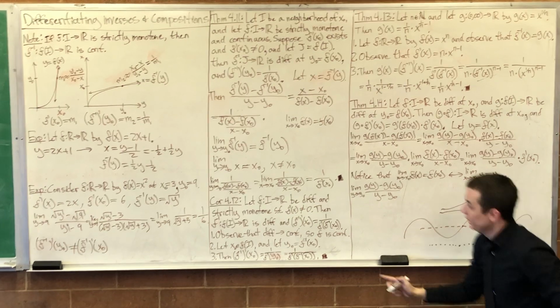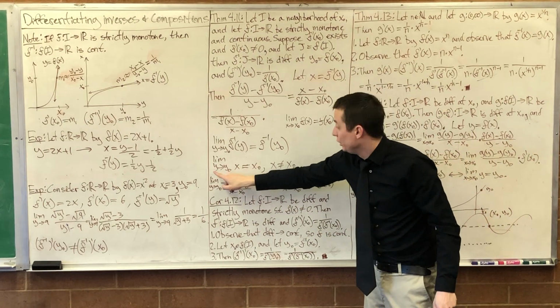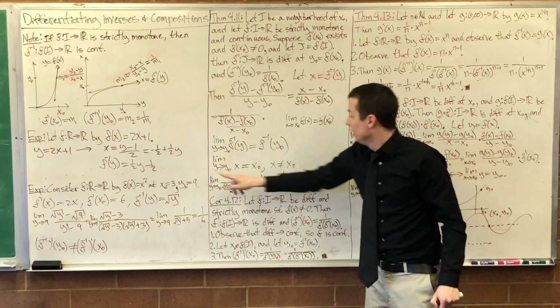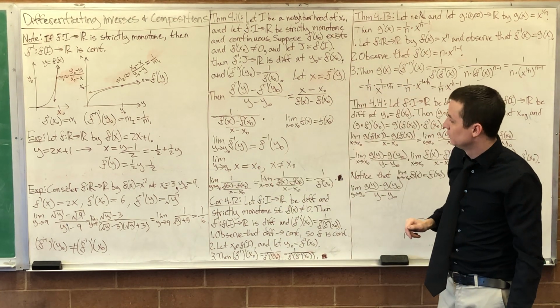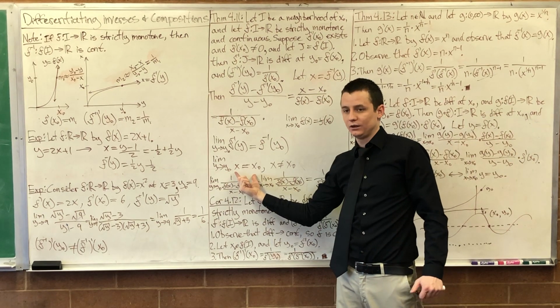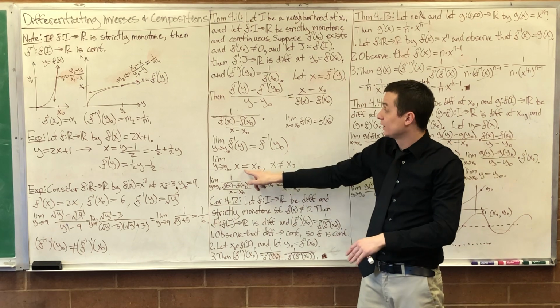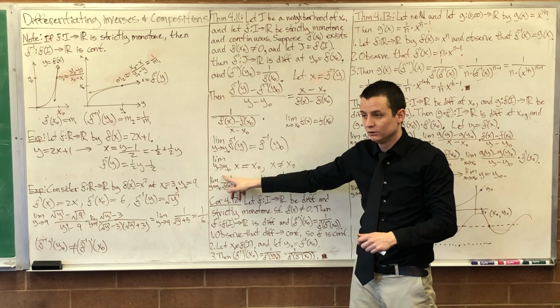So I knew over here that as y approaches y naught, we never use y naught in the sequence. Oh sorry, we had it backwards here. We were using the fact that y approaches y naught to say x approaches x naught. But same thing, our x's here are the output of our function and the y's are the input.